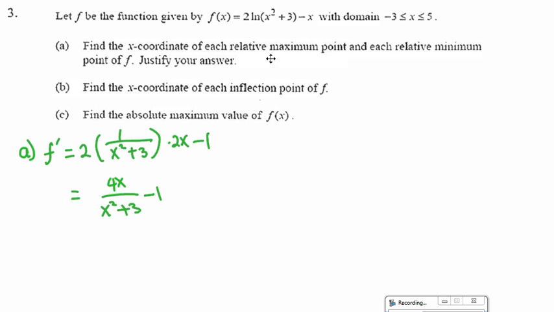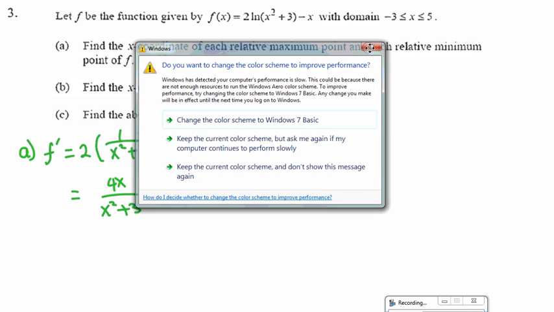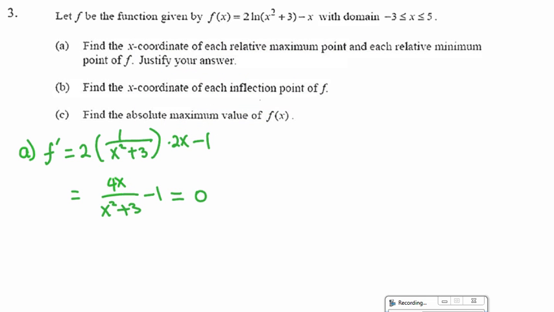But we are looking for relative minimum or relative maximum. Since the denominator will never be equal to 0, the f prime is defined for all values of x, from negative 3 to 5. And can this ever be equal to 0? Then all I have to do is simply set 4x over x squared plus 3 equal to 1.